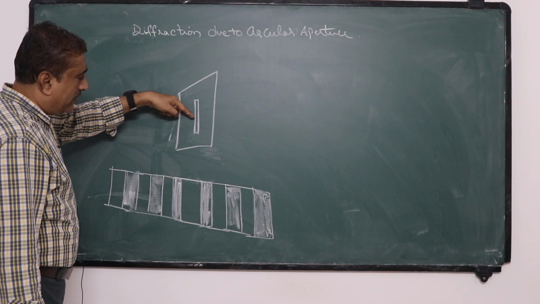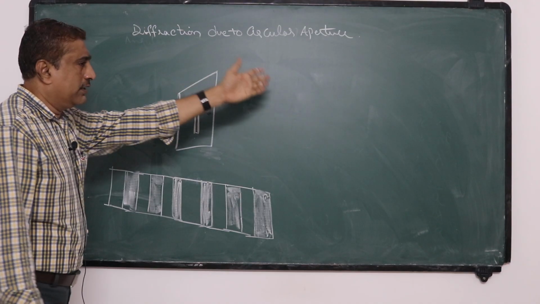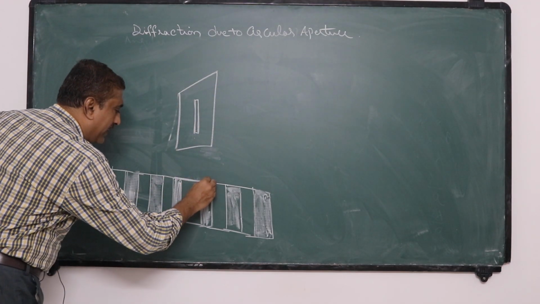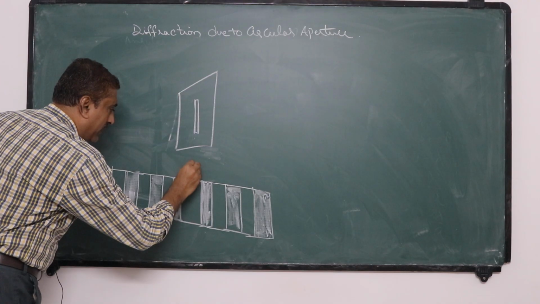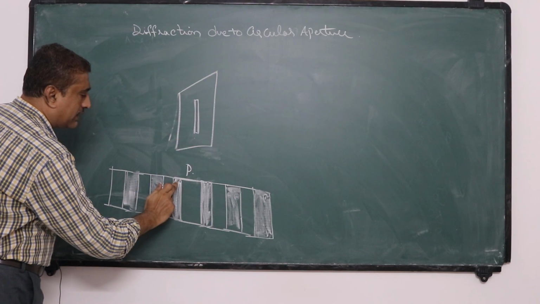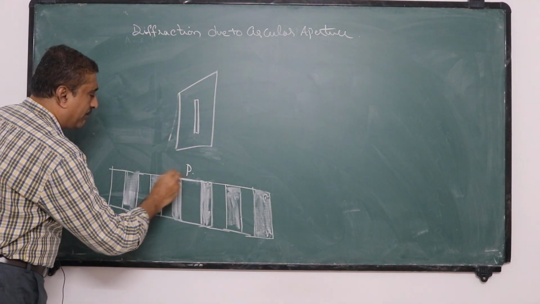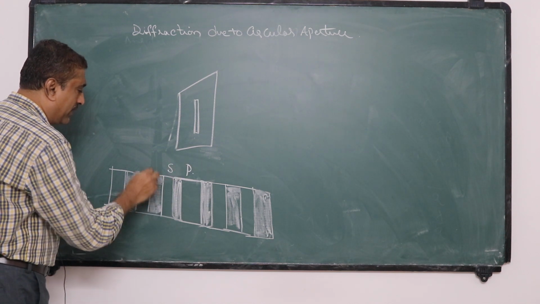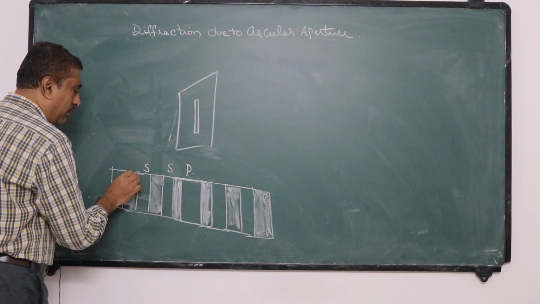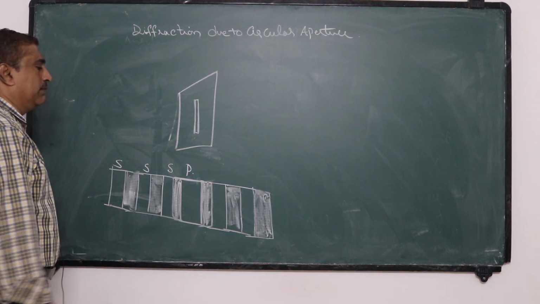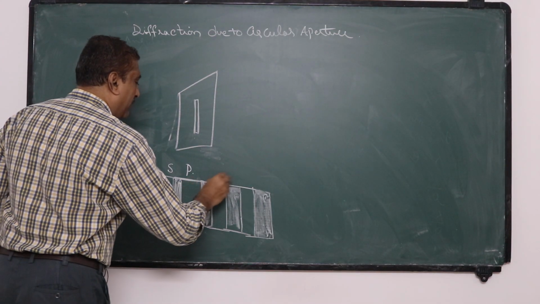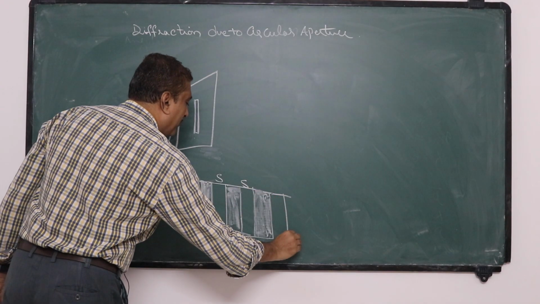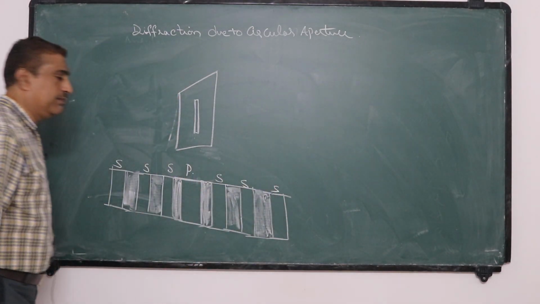Exactly in front of the slit on the screen we get a principal maximum, and on both sides a first order minimum. Next is a secondary maximum, then a minimum, another secondary maximum, followed by a minimum and another secondary maximum. This side also has secondary maxima.